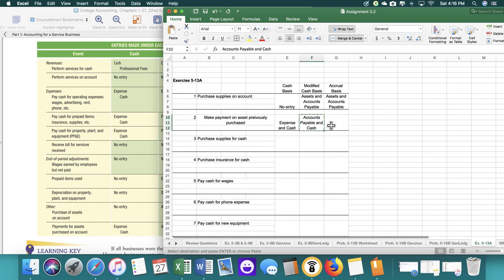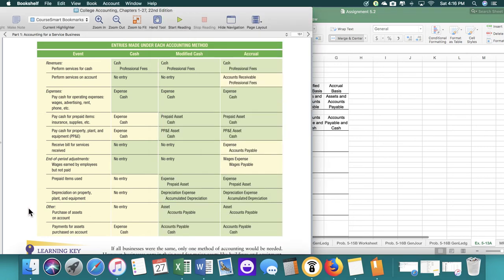So these two are going to be the same. Purchased supplies for cash. So, it shows if we're purchasing expenses, pay cash for prepaid items, purchased assets on account, we didn't.